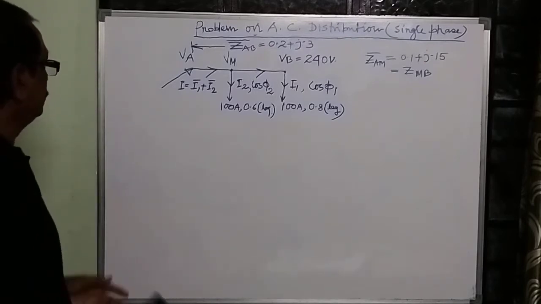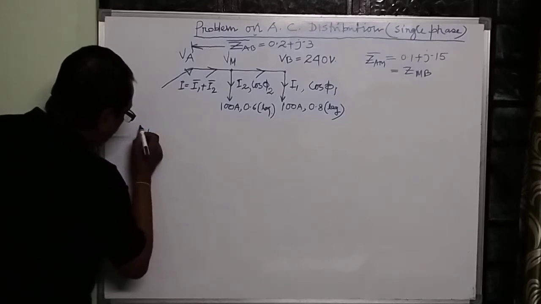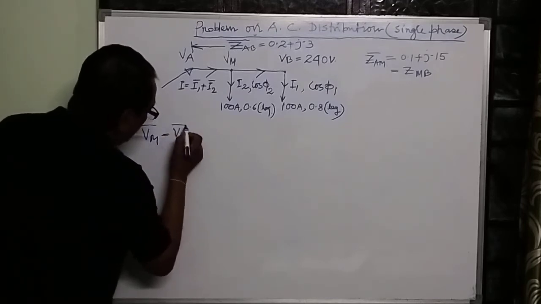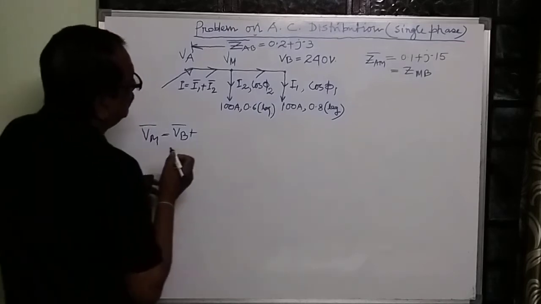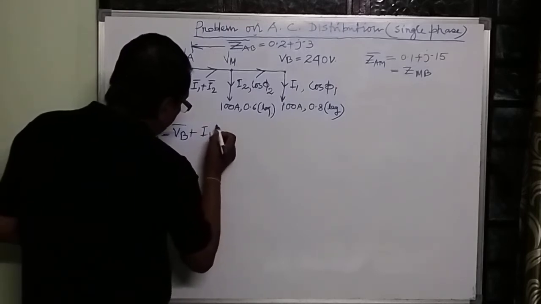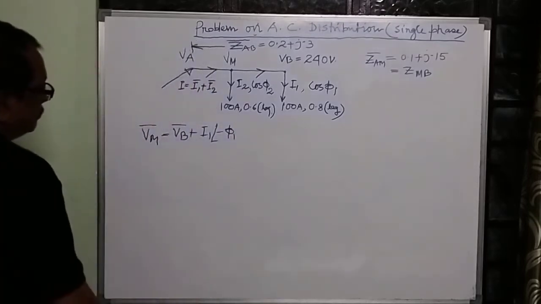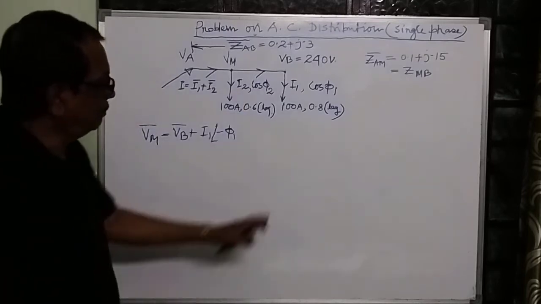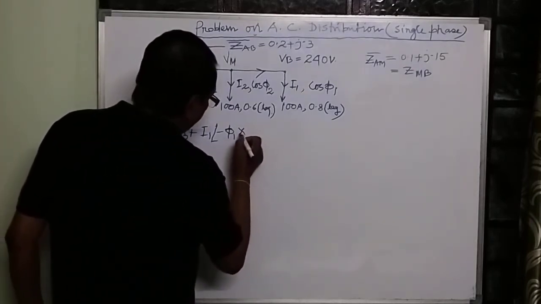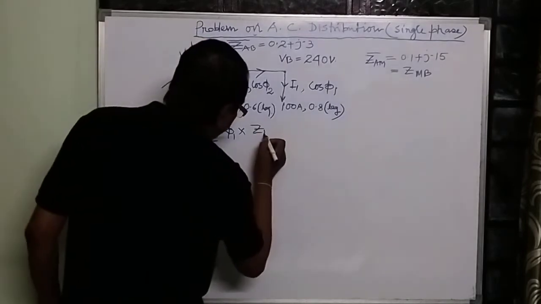Now first I write Vm equals Vb plus this current I1 angle minus phi 1, minus sign because lagging, multiplied by Z MB section.